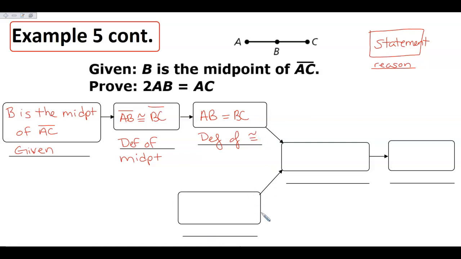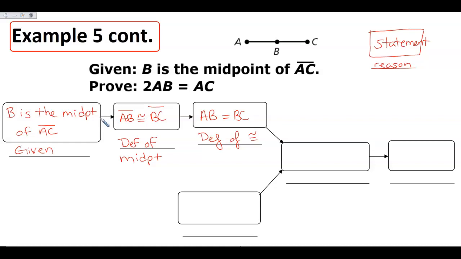Now, notice something different here. Notice that this drops down because step 4 of my two-column proof is the segment addition postulate. The segment addition postulate is always true. I don't know it because of one of these steps.